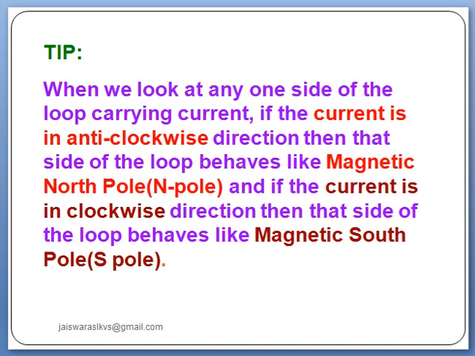In case of anti-clockwise, the pole will be north pole or magnetic north pole, you may say. And if the current is in clockwise direction, then that side of the loop behaves like magnetic south pole or S pole, as earlier I have already said.